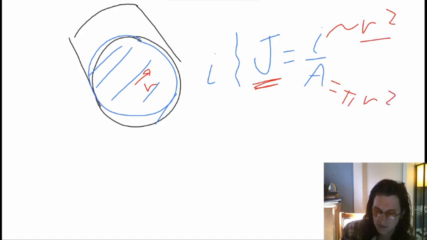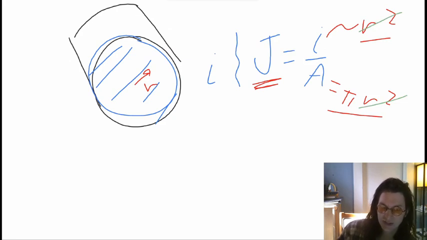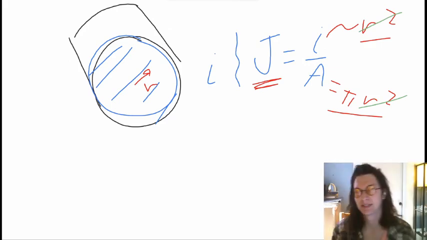So I'm going to have an R squared on top and a pi R squared on the bottom. The important thing for part A is that my R squareds are going to cancel, and thus we just have a constant value of some sort on the right-hand side. And so my current density is in fact uniform, because there's no R variable in the final current density.